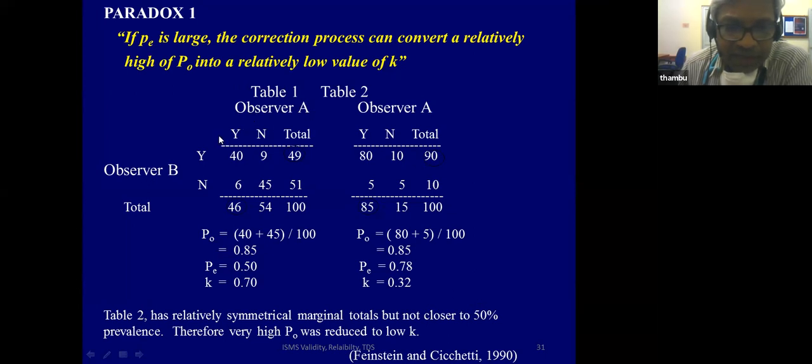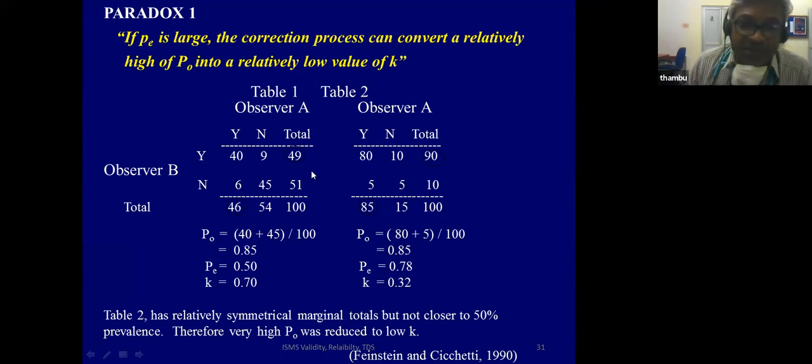Observer A said yes to retinopathy 46 times. They both agreed 40 plus 45, which is about 85 times out of 100. So 85% is the observed agreement. Now, if you remember from the previous way how we can calculate the expected agreement, it is 0.5. And the kappa for this is 0.7, which you think is very good.